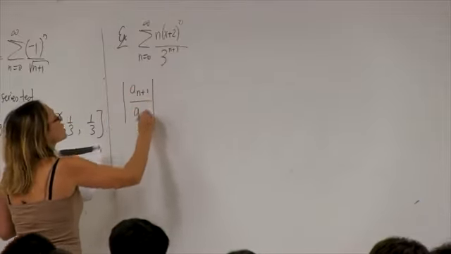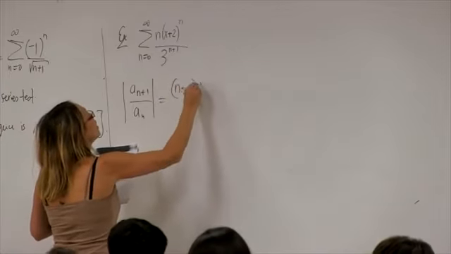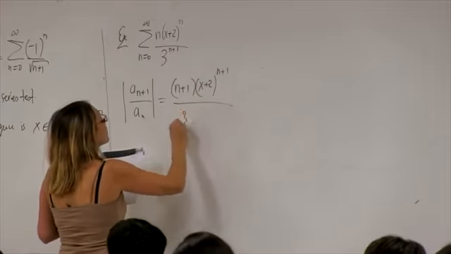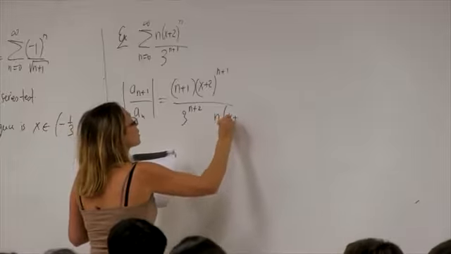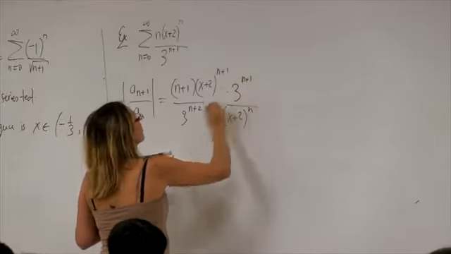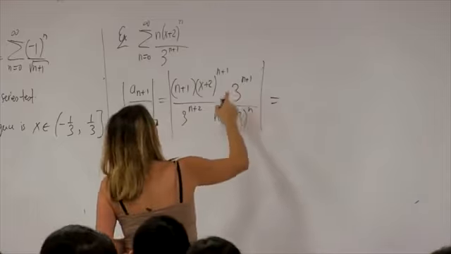Applying the ratio test, we have n plus 1, x plus 2 to the n plus 1, 3 to the n plus 2, divided by n, x plus 2 to the n, 3 to the n plus 1. And this guy simplifies very much.